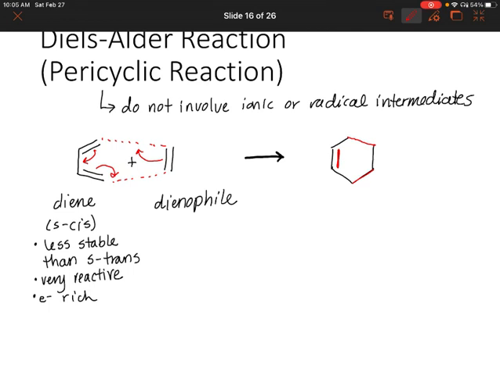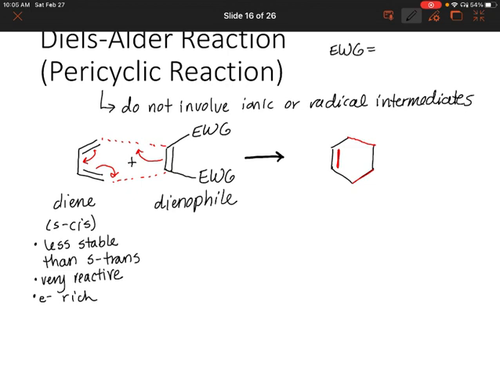All right, so again, in order for this reaction to occur more efficiently, we need to make the dienophile electron poor. So what we can do is add electron withdrawing groups, so EWG. And I'll just write that up above as well.